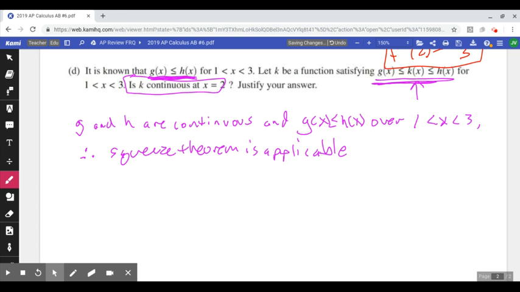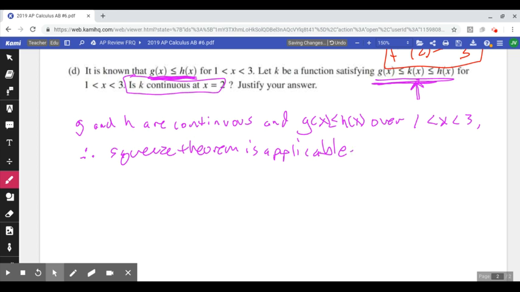The squeeze theorem says that over an interval, if one function is always lower than another, and the middle function is between the other two, that's this piece right over here. So g of x is less than or equal to k of x is less than or equal to h of x. And we also need g to be the same as h at 2, which is actually true. Then we can use the squeeze theorem here.